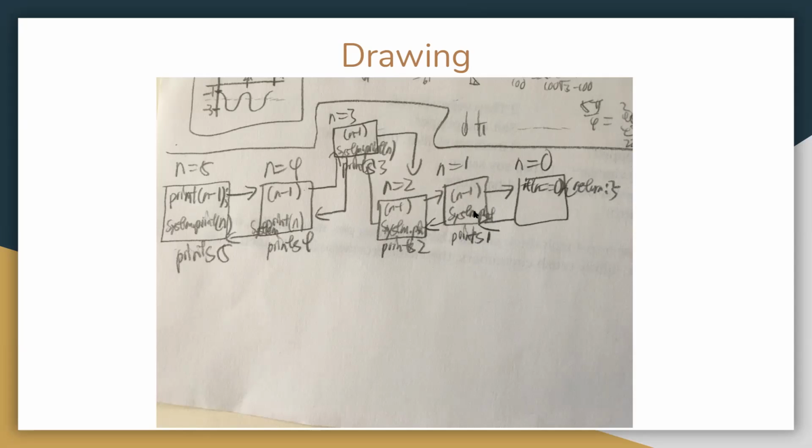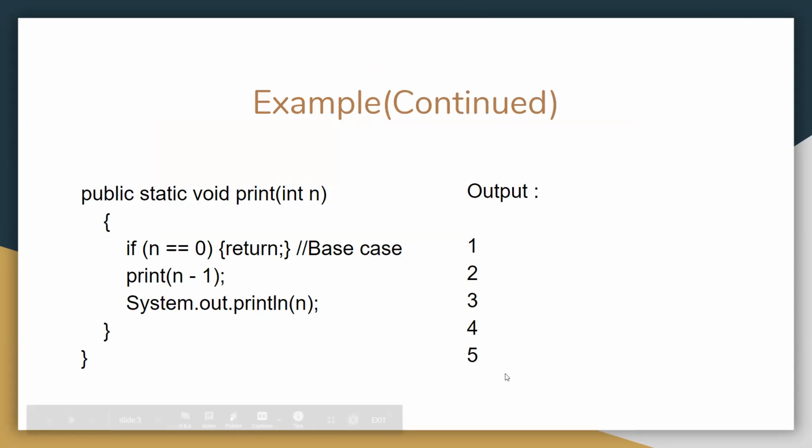So because you're printing out n here and n is equal to 1, it prints out 1. Same thing, because n is equal to 2, it prints out 2, goes backwards, prints out 3, prints out 4, prints out 5. And when it comes to here, there's nowhere else to go because we didn't get beyond n equals 5. So then the method ends there, and that would be the output. So that's why the output is 1, 2, 3, 4, 5.